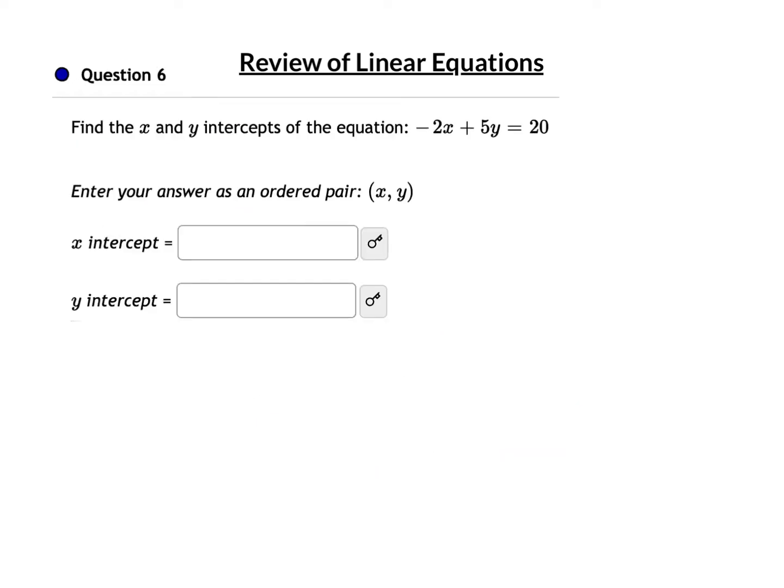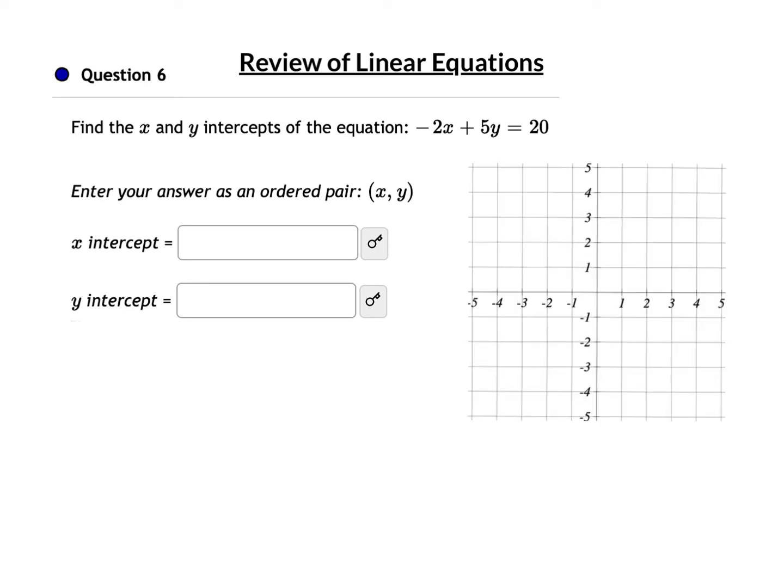Question 6. We're going to find the x and y intercepts. First thing I want to point out is to look at the graph here. We have the x-axis and we have the y-axis. Notice that if a point is on the x-axis, for example here, x is 2 and y is 0.